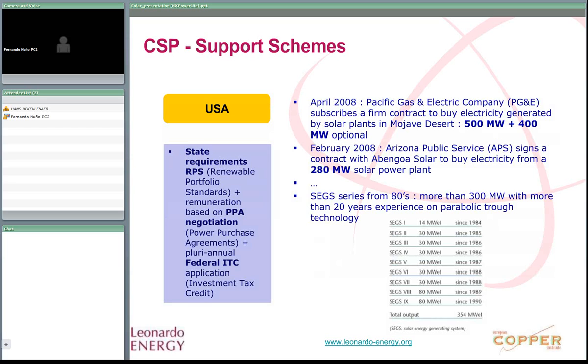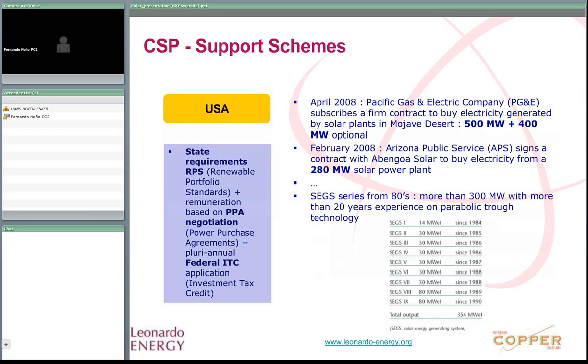In USA, there is a more complex system. There are state requirements, RPS, Renewable Portfolio Standards, also power purchase agreements and federal investment tax credit. So the addition of all these provide the interest to develop renewable energy projects. So in US we find the SEGS series from the 80s, which is more than 300 megawatts with 20 years experience on parabolic trough technology.